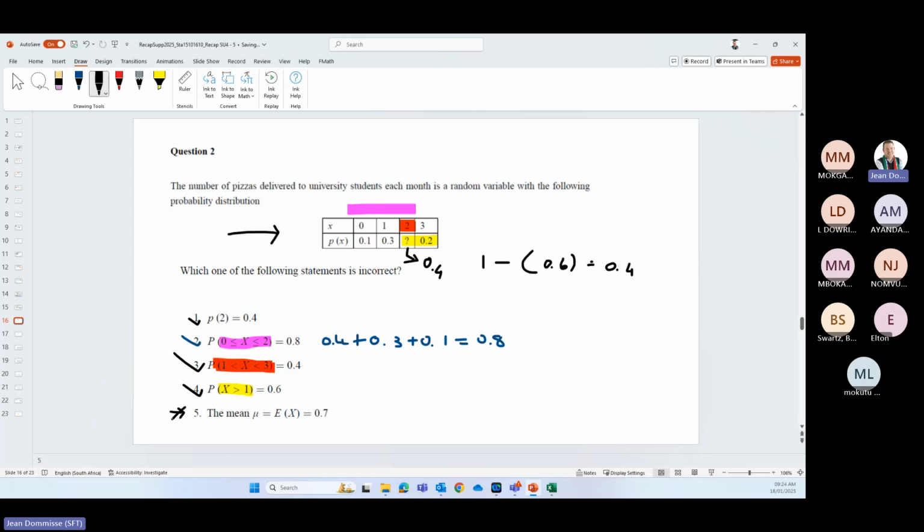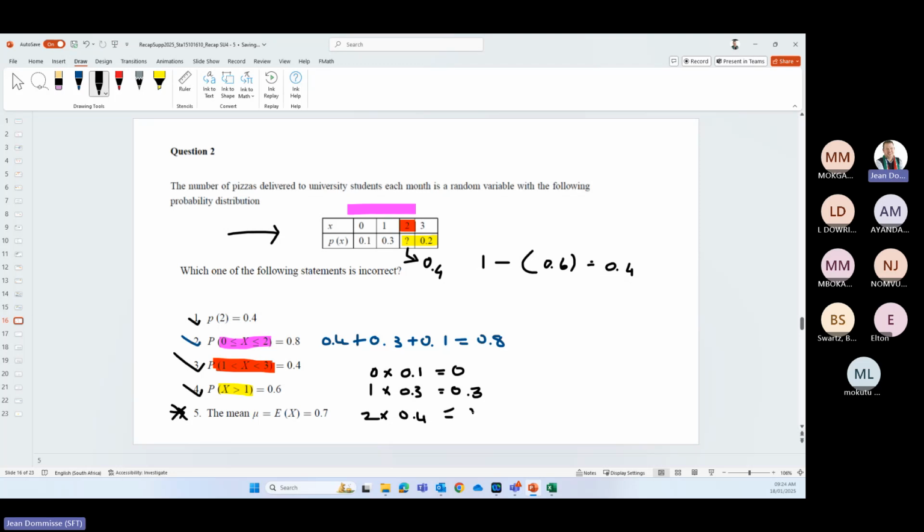Okay, so then we know the incorrect one is the mean. If you wanted to work it out, you will basically need to say 0 times 0.1. That will be 0. 1 times 0.3. That will be 0.3. 2 times 0.4.